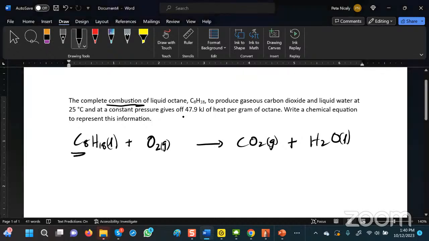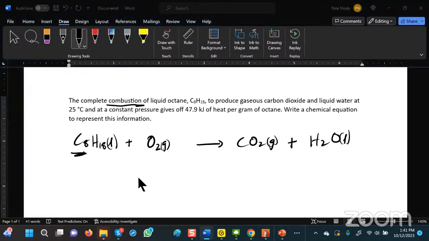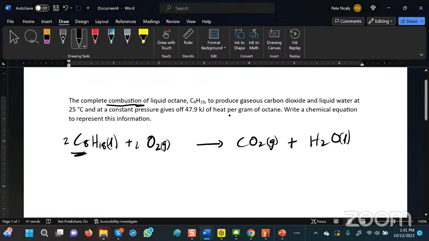How would we balance the 8 carbons over here? Or hold on, somebody was saying something. Oh, somebody's actually giving you all their numbers. And I think she's right: 2, 25, 16, and 18. And I think that is indeed, just checking here. Yep, that's correct. Okay, so that's the first thing we need to do, all right?